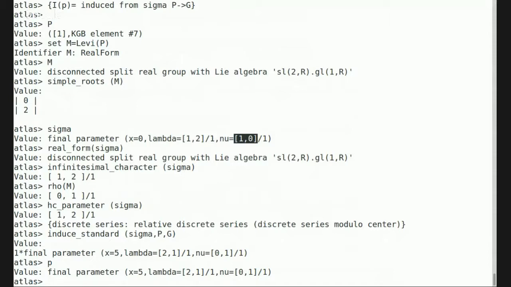All right, so before I go on, let me put in a digression here. This issue about standard modules versus irreducibles is always an issue. Before I gave this presentation, I tried to implement standards and irreducibles on the level of induced representations, which would clarify this business that I'm talking about here, but I didn't quite get it done in time.